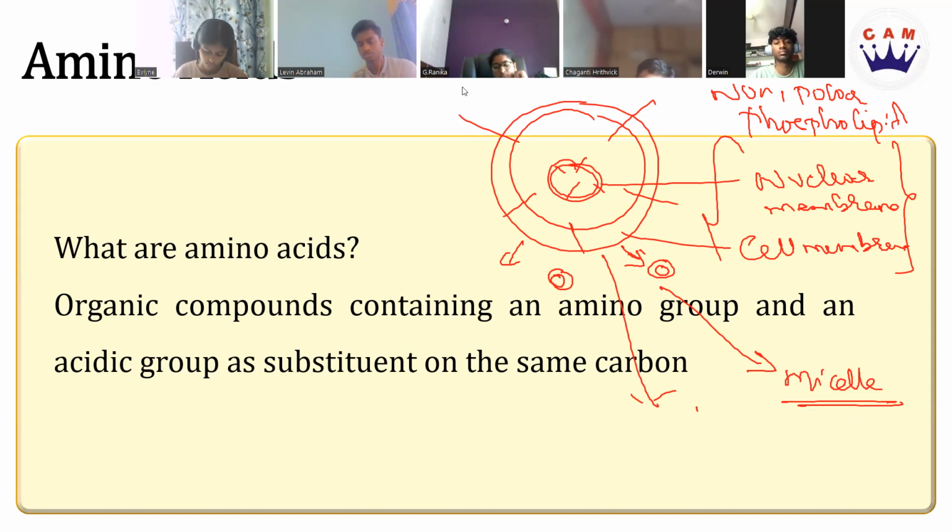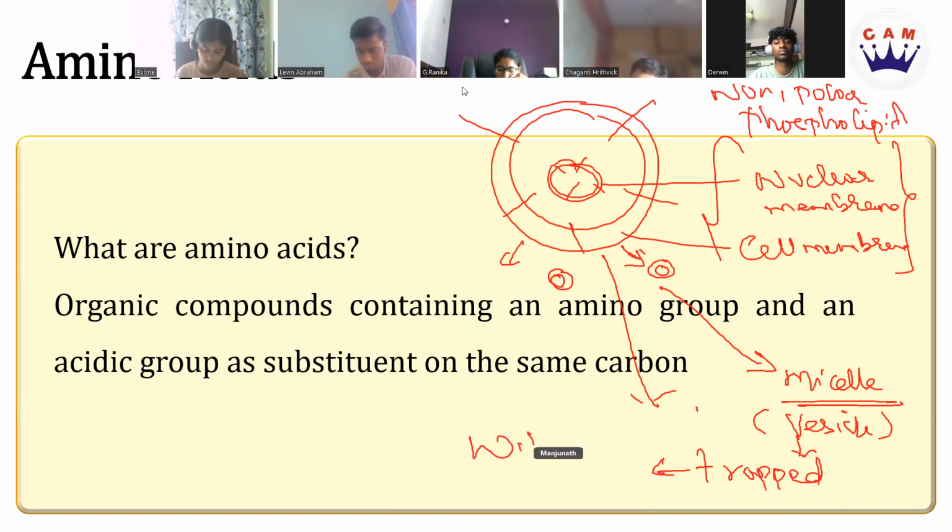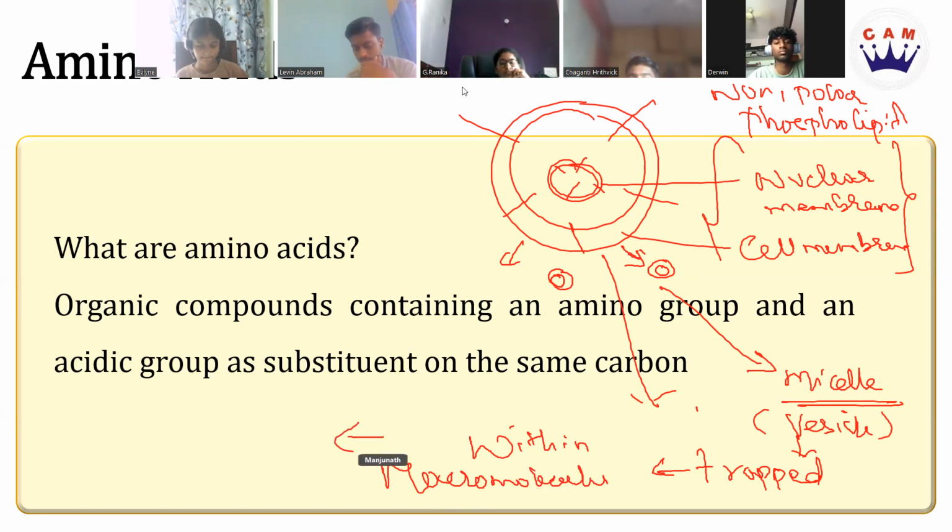It is so tiny that it gets trapped within macromolecules during centrifugation. That is the reason why the lipids are found in what fraction? Pellet fraction. Is it clear now?